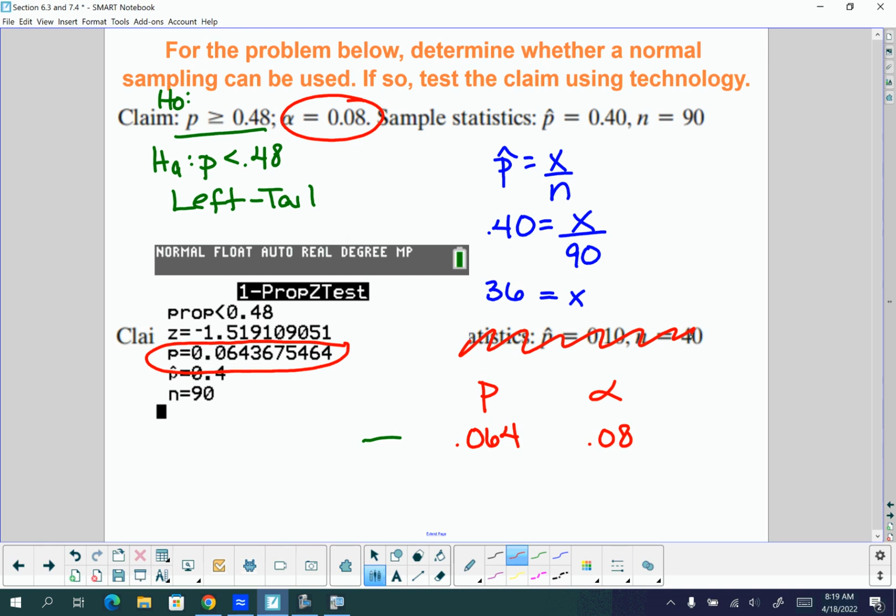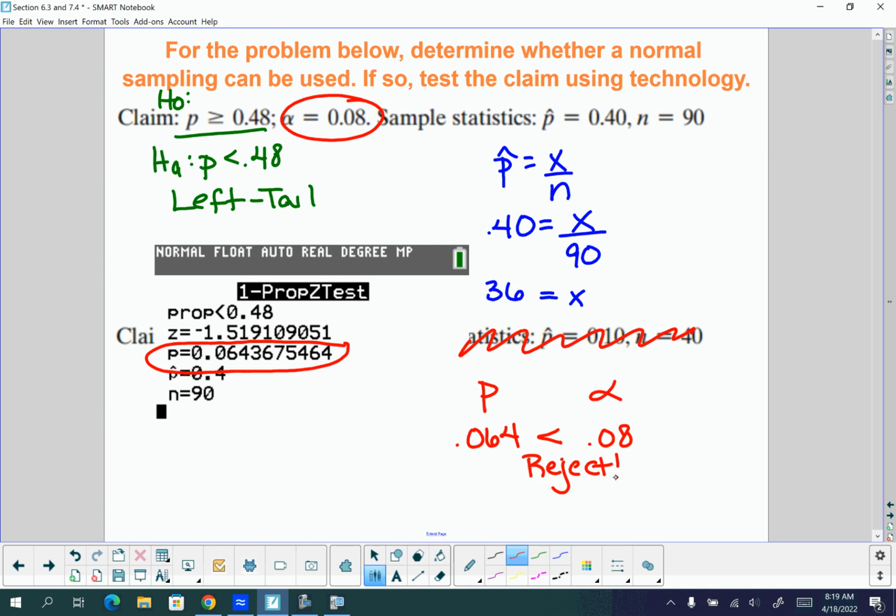P is less than alpha, greater than alpha? Yep, it's less than. Okay, if it's less than, we reject, same rule as before. If it's greater than, we do not reject. So if we reject, we can say there is enough evidence to, in this case, reject the claim because the claim is a null here.